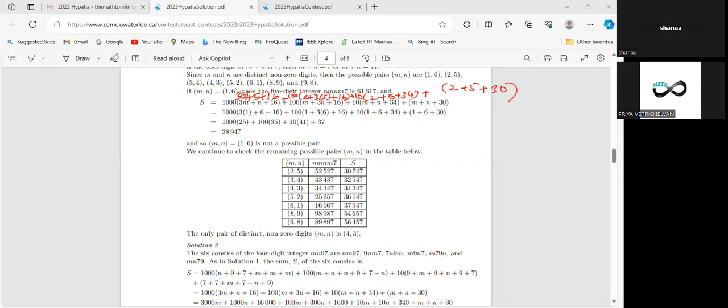You can use a calculator also for solving it. Try with 4, 3 and this 2.